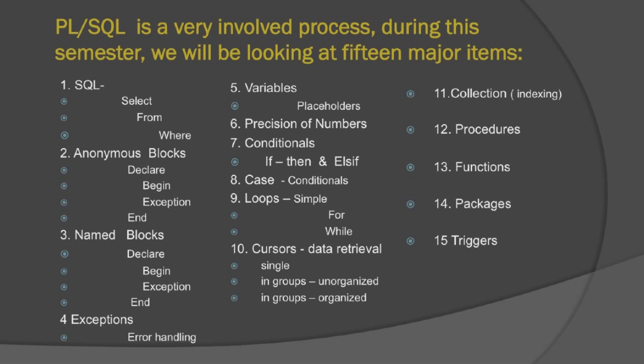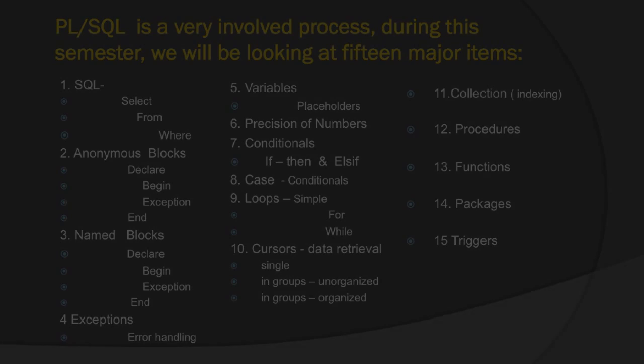So a trigger is a method that says, if this happens, I want you to do this. Now, a trigger can happen before, during, or after. So sometimes you have to be very alert as to how you're going to activate a trigger. And those are the 15 items we'll be talking about this semester.